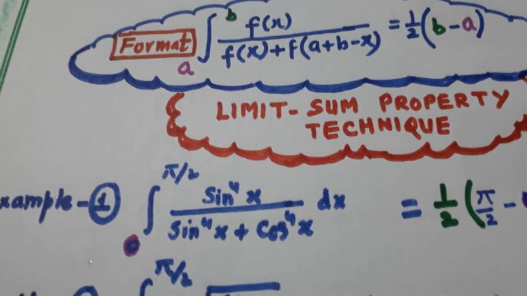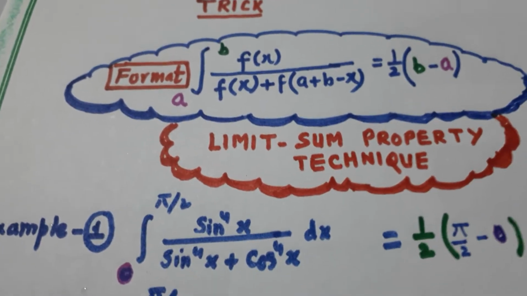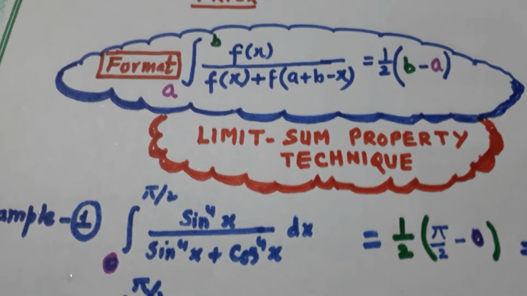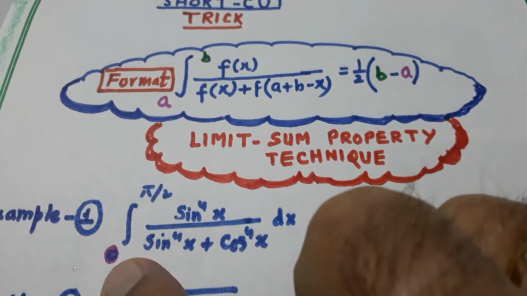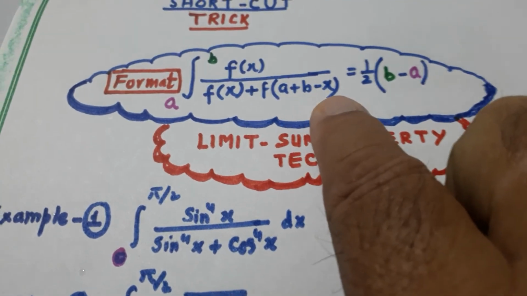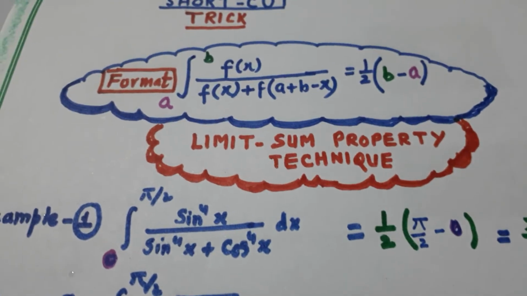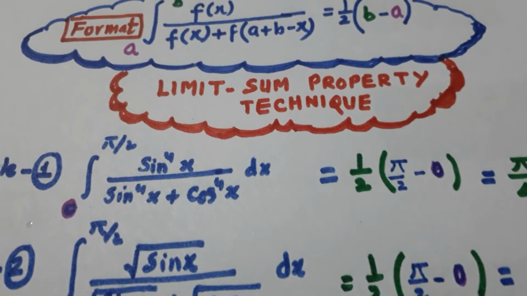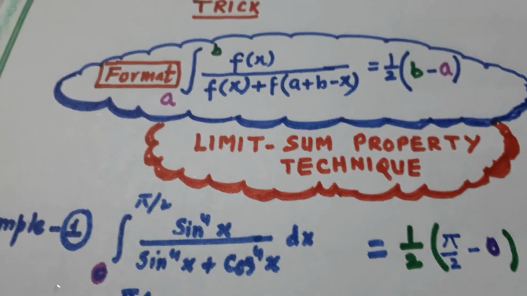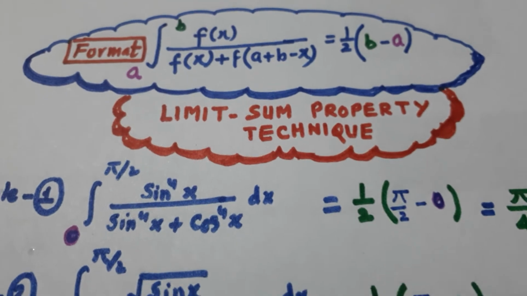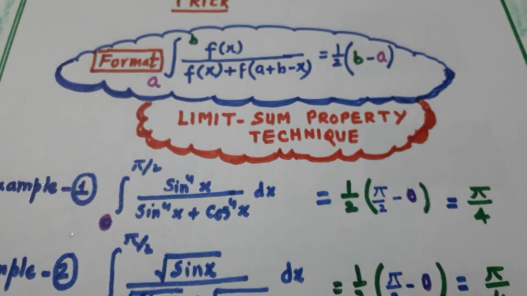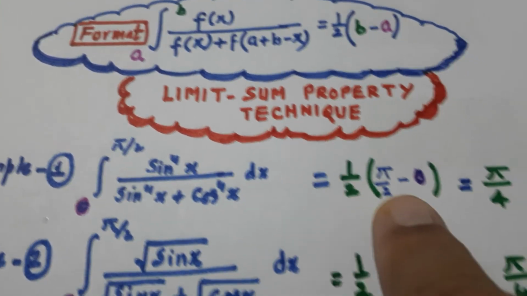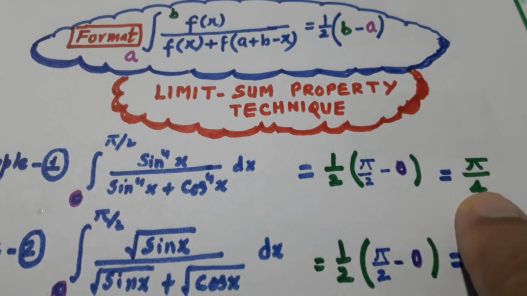Now replace x with 0 plus pi by 2 minus x, that is a plus b minus x. So 0 plus pi by 2 is pi by 2 minus x, so sine will become cos. This fits into the format, and the answer is half of b minus a. b is pi by 2, a is 0. So it is half of pi by 2 minus 0, which becomes pi by 4.